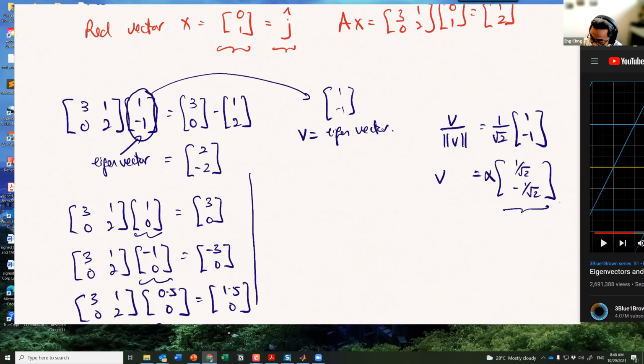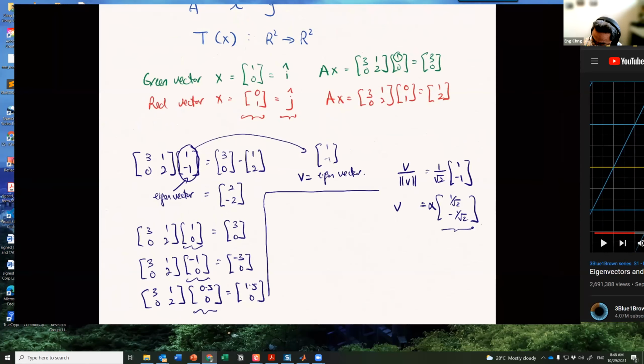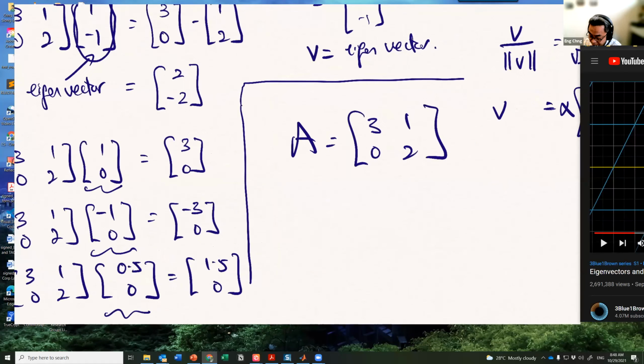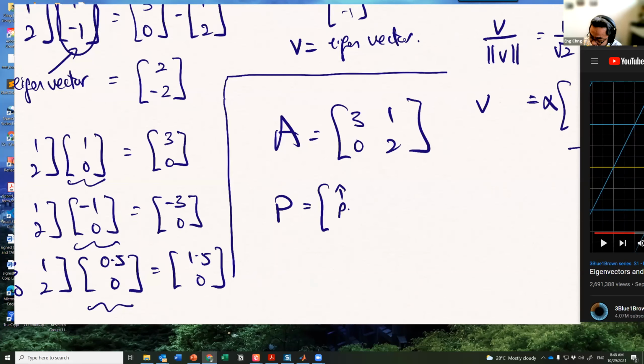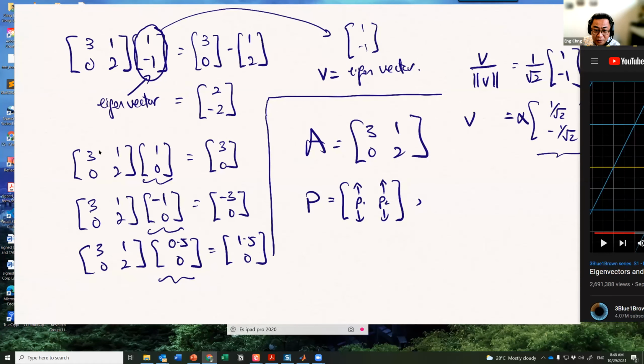Before I jump, I just want to show you that if you have MATLAB, you are just going to use MATLAB as a calculator and do a sanity check. First, I set A equal to this matrix in MATLAB. Then I'm going to generate two values. The eigenvector, let's call this P, with P1 for the first eigenvector and P2 for the second eigenvector. Now, let's look at this.